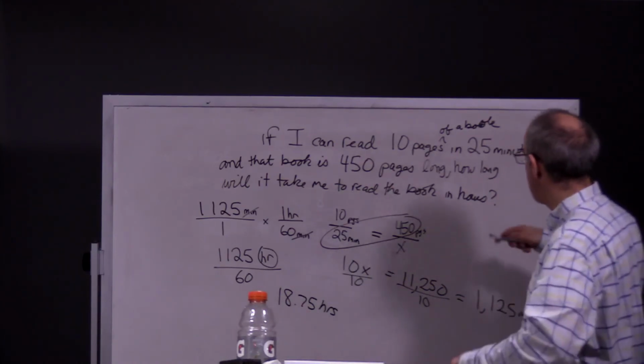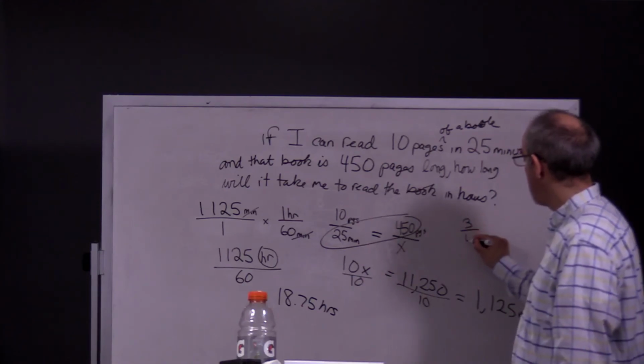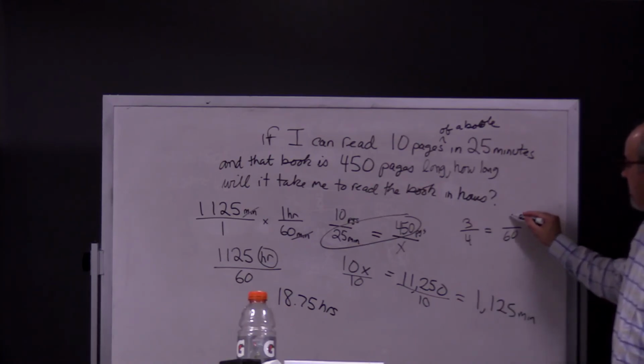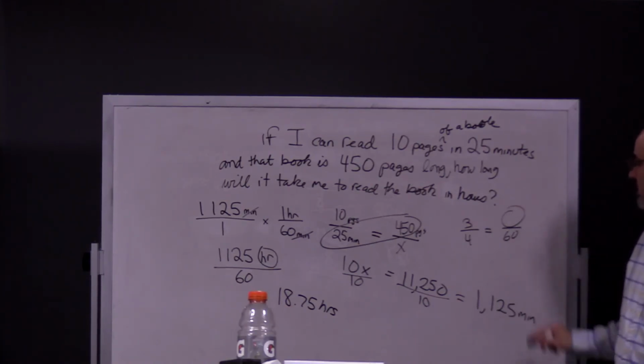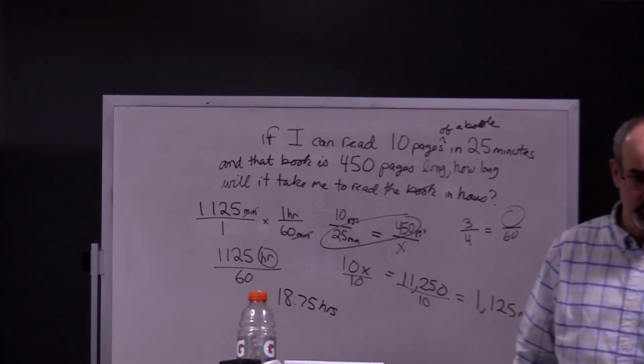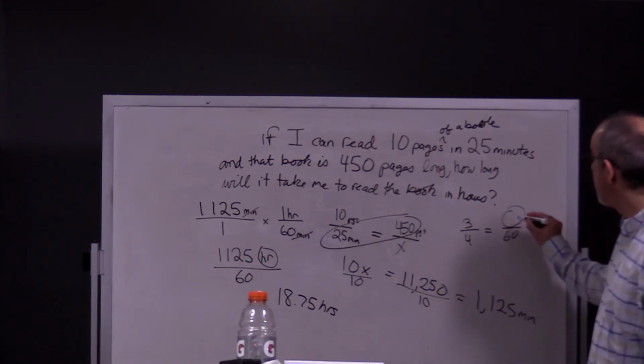Oh, so we get to do another proportion. 3 over 4 is what over 60? What goes here? Cross multiply, you get 180 equals 4 times something. Well, that something would be 45.